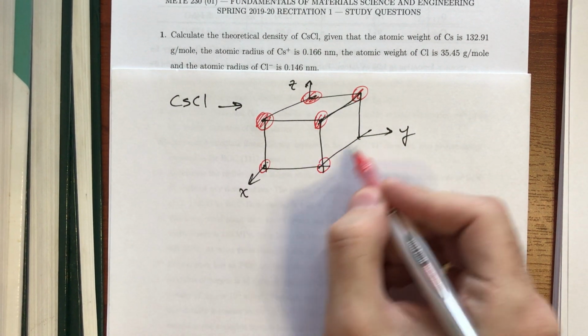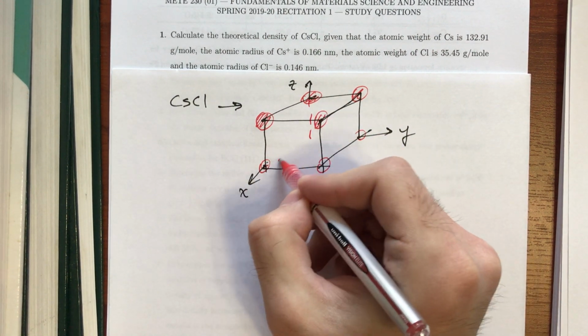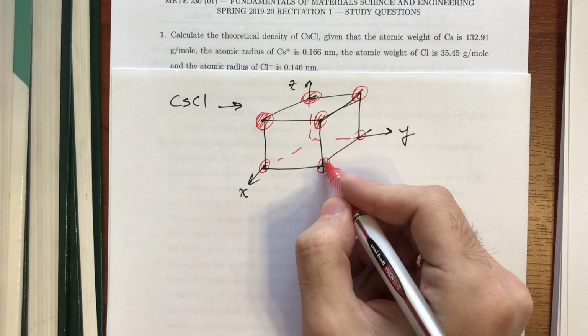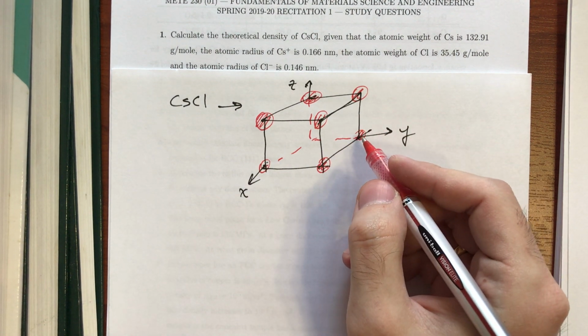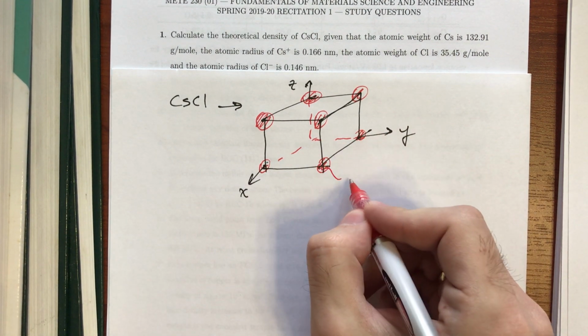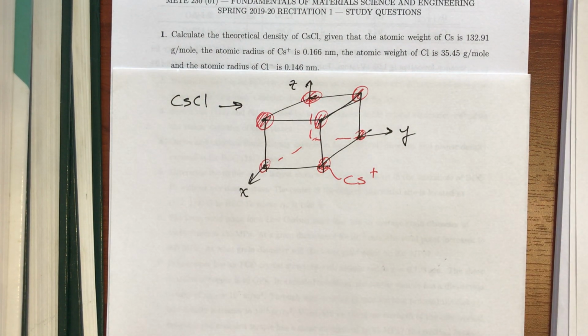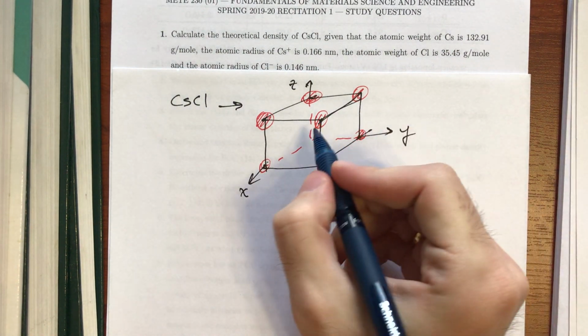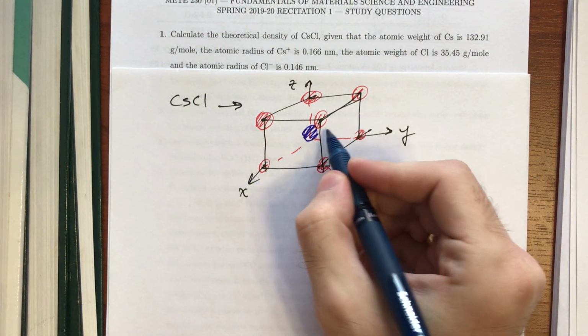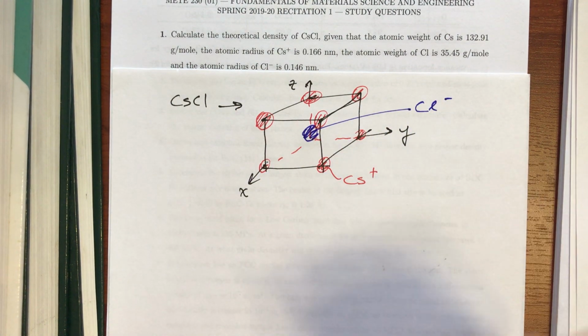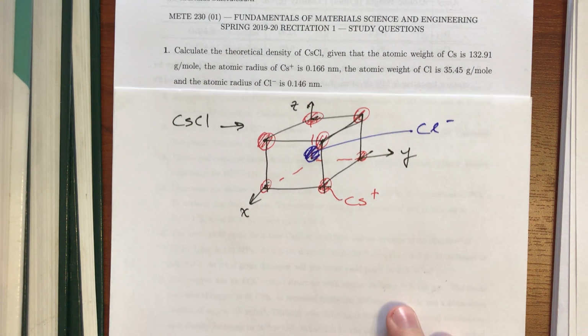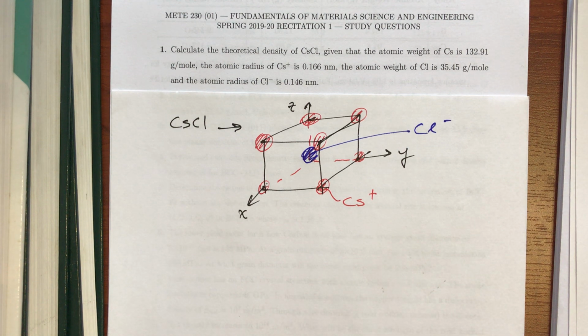So these ions, the corner atoms, belong to the cesium plus, and the chloride ion sits inside. So that is what the structure looks like for an ionic crystal, a ceramic, a salt.